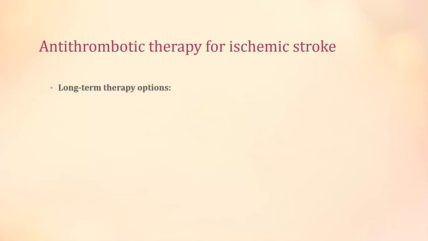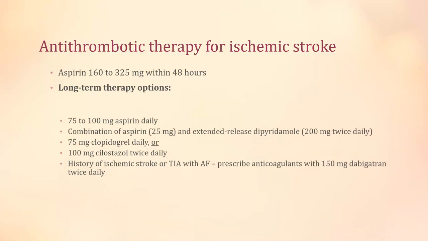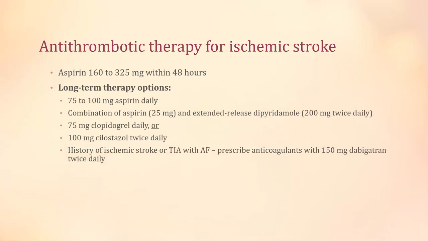Some long-term options for someone who's had an ischemic stroke. Aspirin, 160 to 325 milligrams within 48 hours would be given right away. And then long-term options would be Plavix, 100 milligrams of cilostazol twice daily, 75 to 100 milligrams of aspirin.